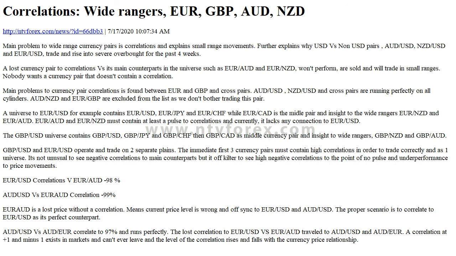What's wrong with wide range currency pairs is that correlation at current prices is either too high or too low versus counterparts. GBP-USD versus USD-CAD is used to judge how overall currency markets are performing versus 2 exact opposite currency pairs. GBP-USD versus USD-CAD is -37%.